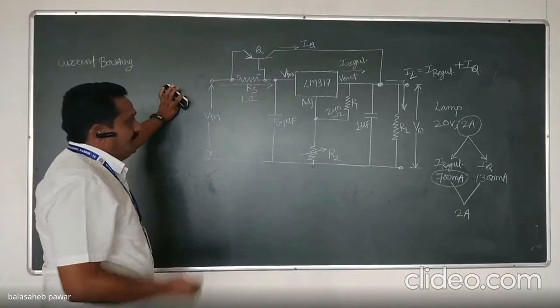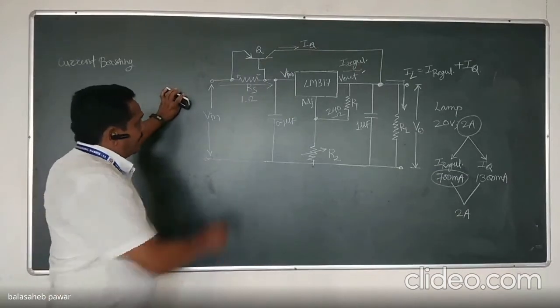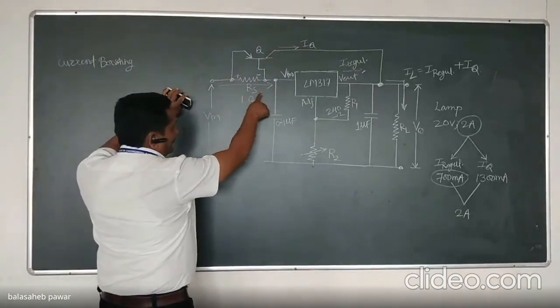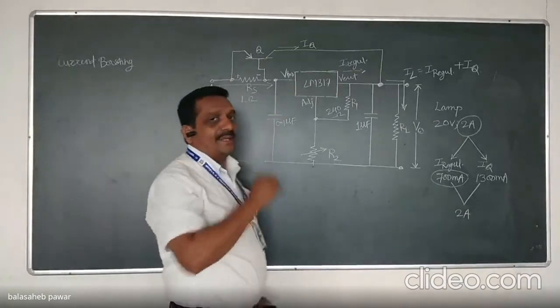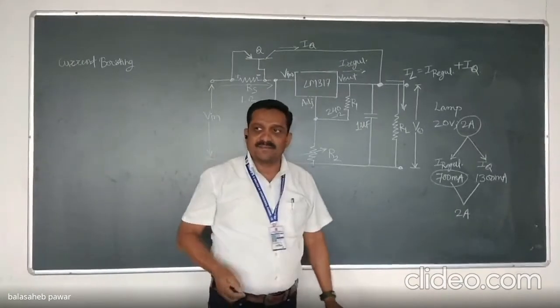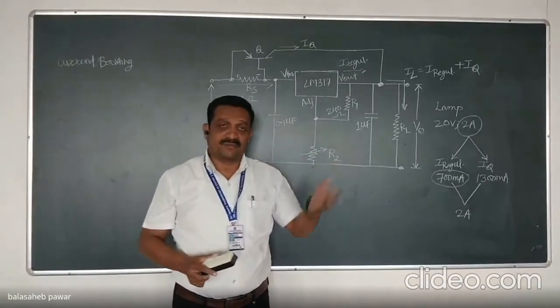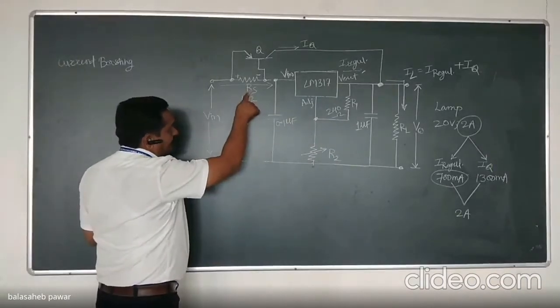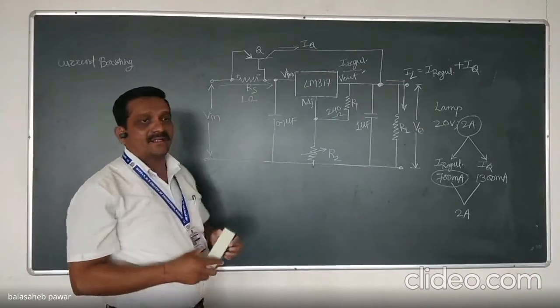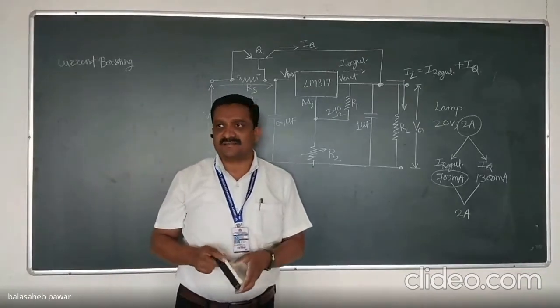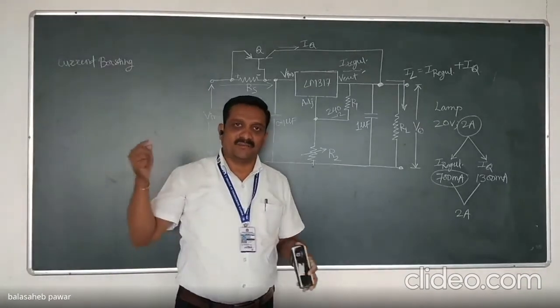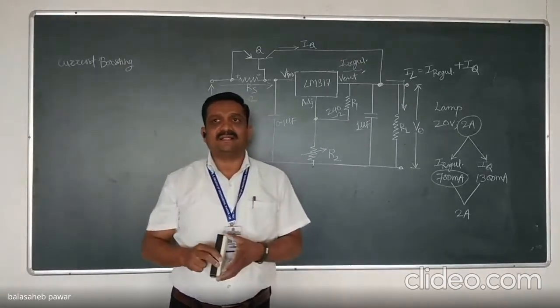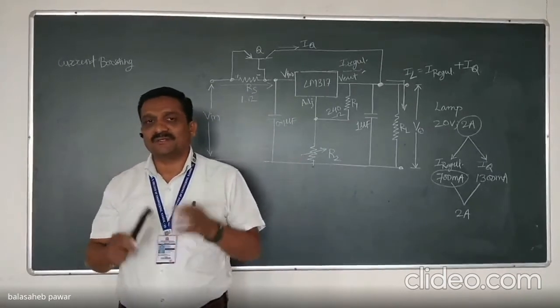You will observe when that current flowing through the RS reaches 700 milliamperes, how much will be the drop across this RS? Can anyone answer? Voltage drop across RS. If the current flowing through that RS is 700 milli, how much will be the voltage drop?